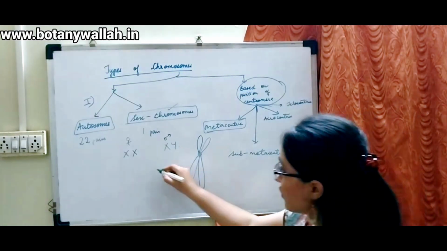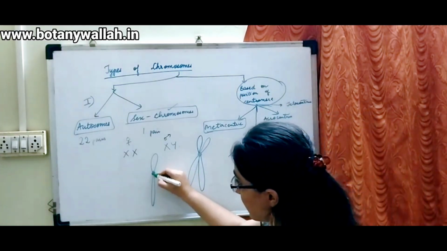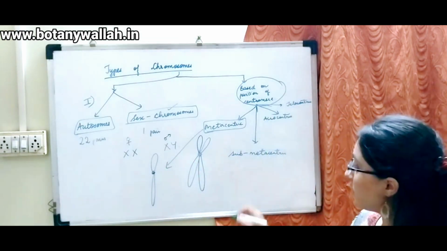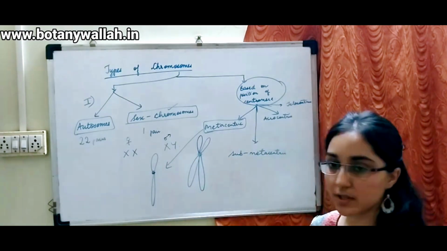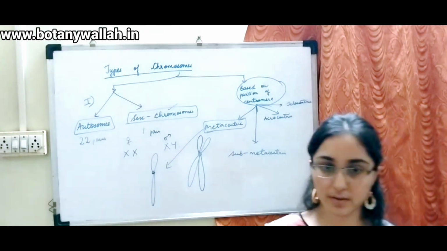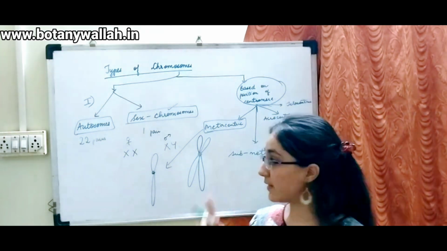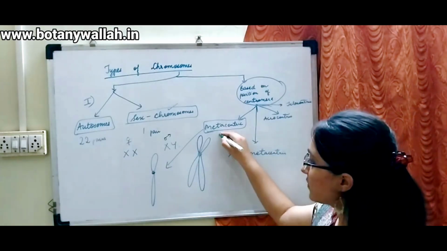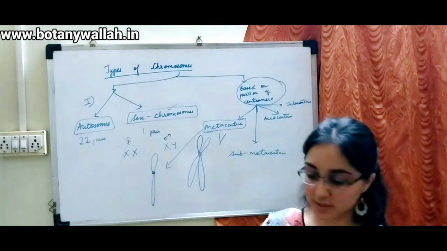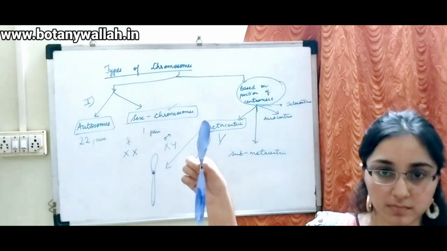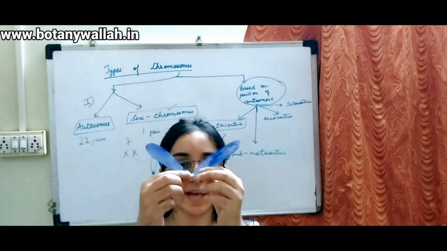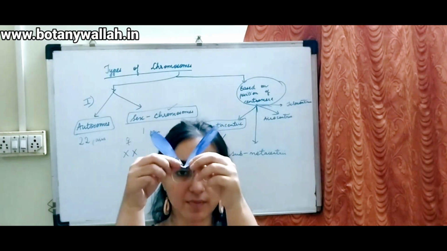Okay, I can show it like this also. If I take the chromatid, then it will look like this. If I take this structure and fold it, to see its shape by folding, then it will form a V shape. So this is a metacentric chromosome. If this is a centromere in the middle, if I fold it by the centromere, then it will be V shaped.